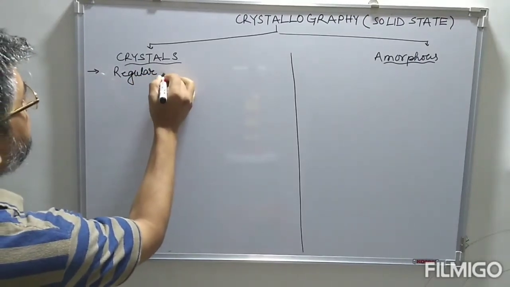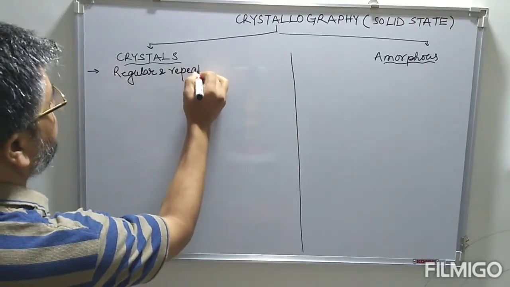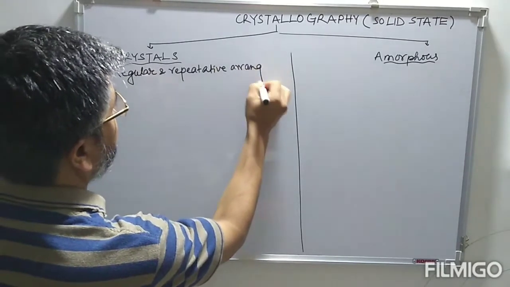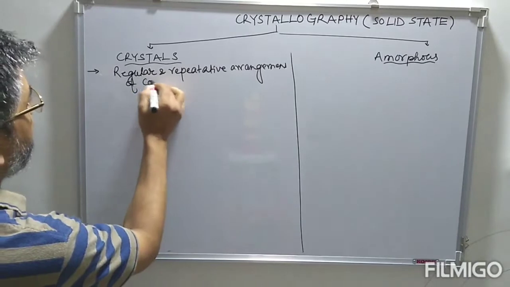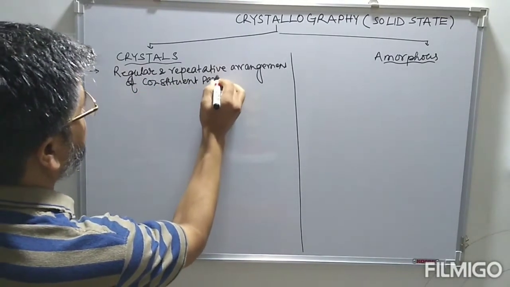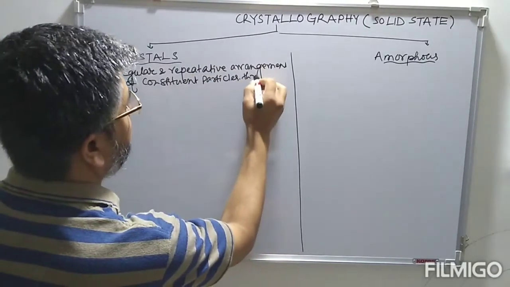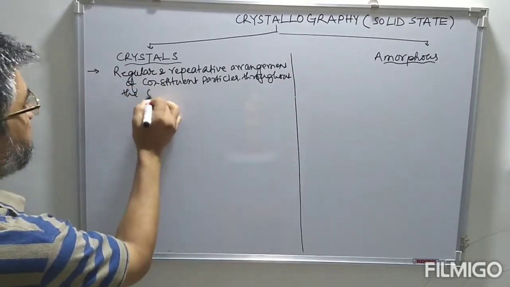So the first one is a regular and repetitive arrangement of constituent particles throughout the crystal.